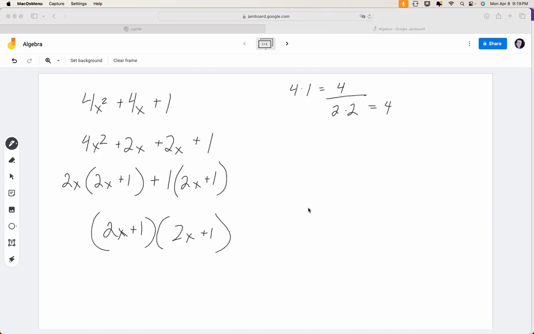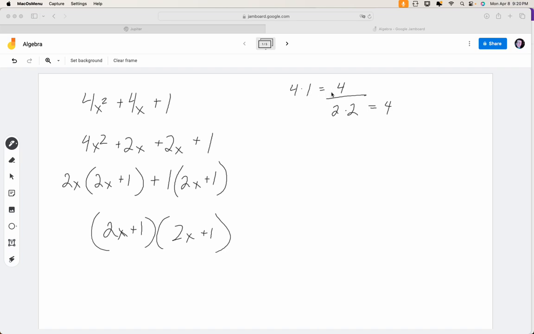All right, in this problem, we're supposed to factor. And whenever you have something like this that you can't factor, it's got this lead coefficient. One of the things that you can do is divide everything by the lead coefficient to factor it. Or you can do the multiplication of the first term times the last term and find the 2 factors that give you that answer.